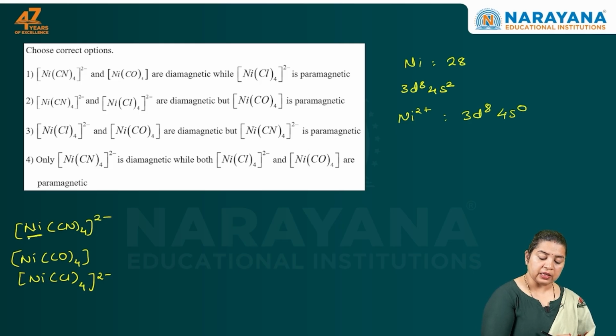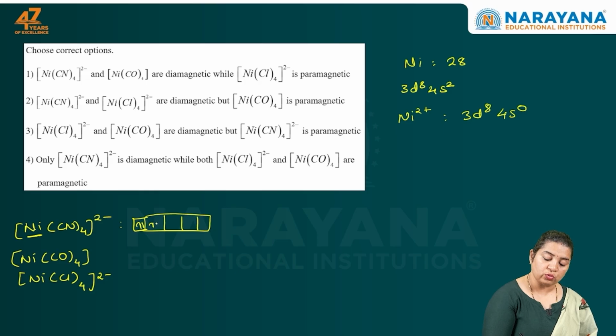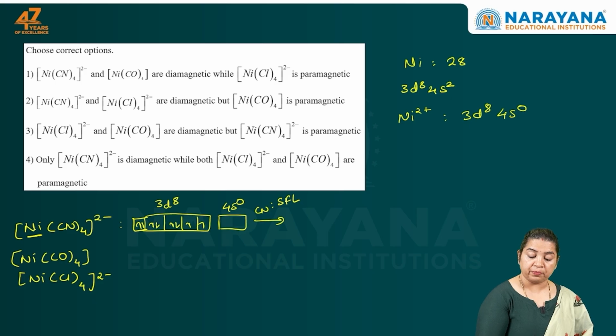Here nickel is in 2 plus, so it is 3d8, 4s0, and cyanide is a strong field ligand. 4 cyanide will come.